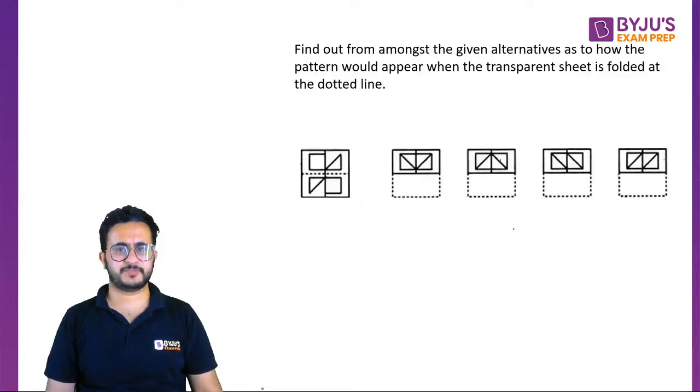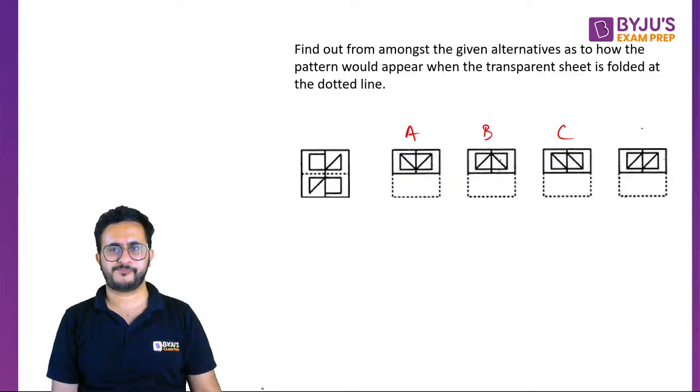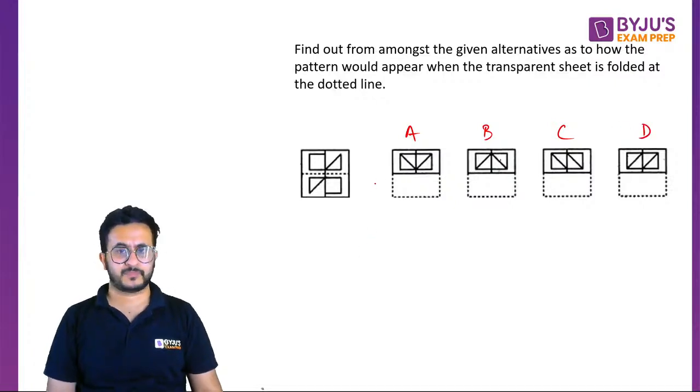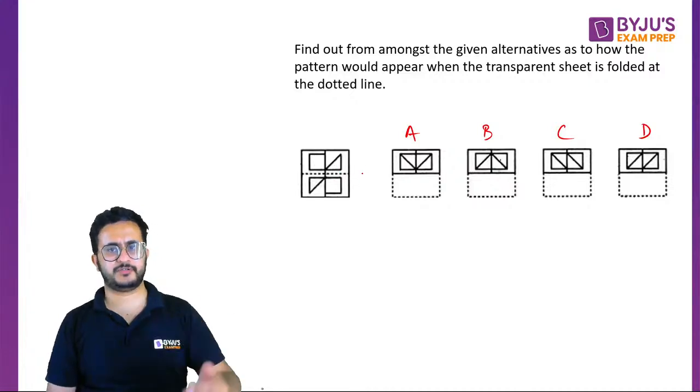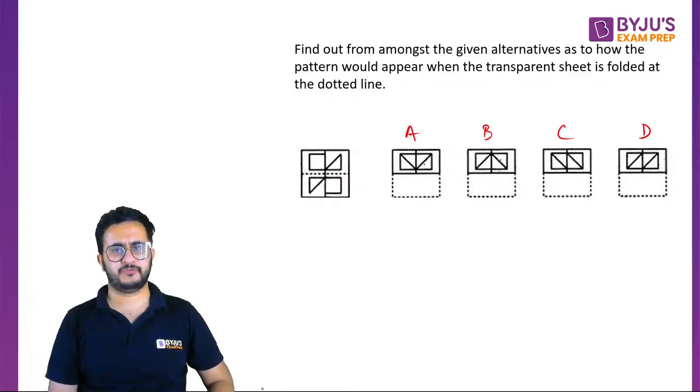Okay, let's see the next problem. You can call these options A, B, C, D. Now this is an image and it is folded. Basically, you will get a water image of this. How will this image look when it is folded?